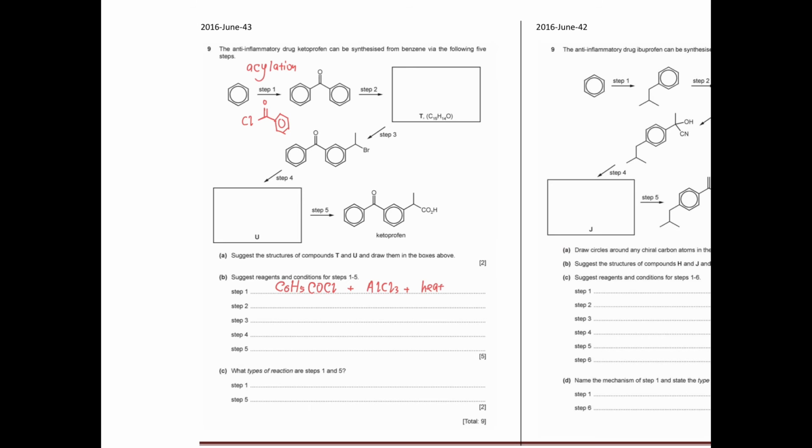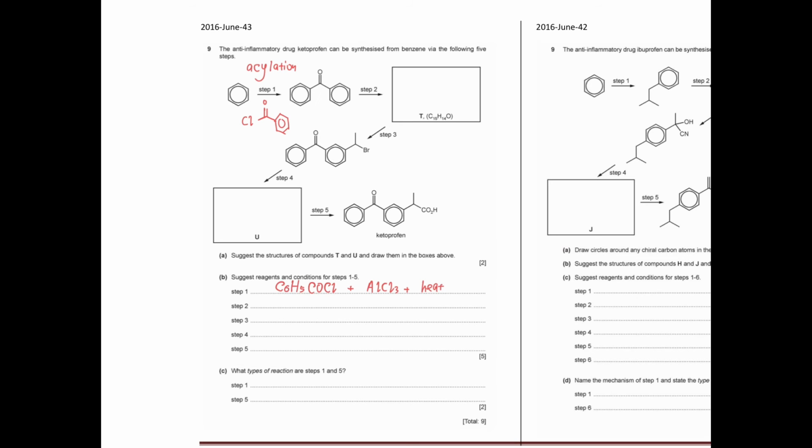Now we look at step 2. Once you get these structures, you want to form something. They give us the molecular formula, C15H14O, and you have to use it to do step 3. So let's see in these structures, how many carbons are there?